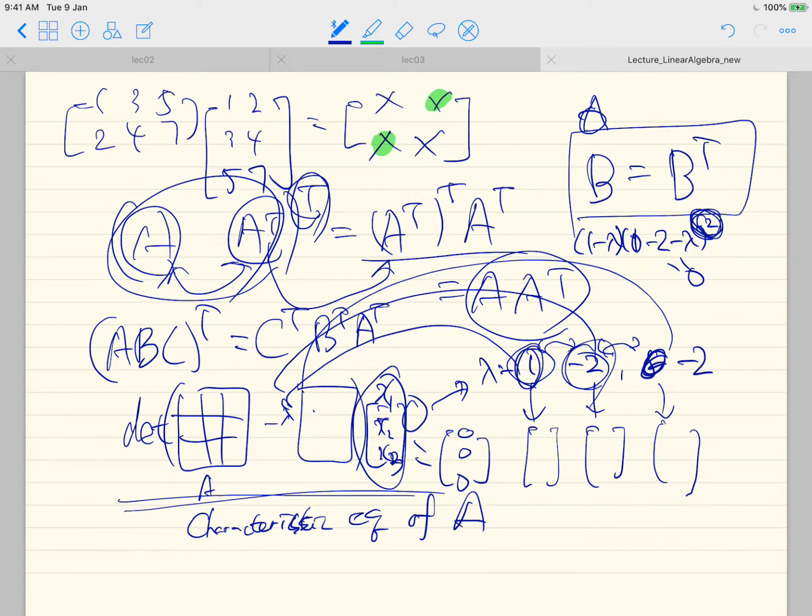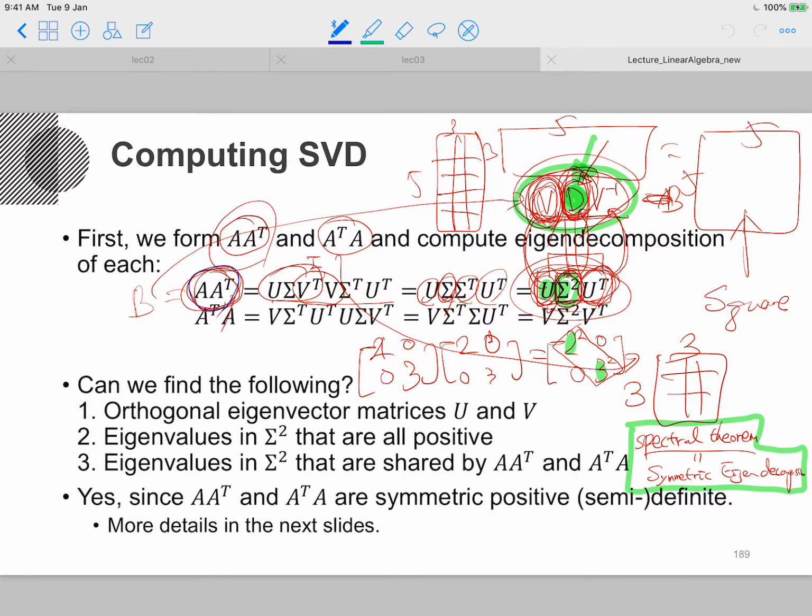That's not going to happen for a symmetric matrix. We can also prove that. So a symmetric matrix is guaranteed to have an eigen decomposition, and its eigenvectors are orthogonal to each other.